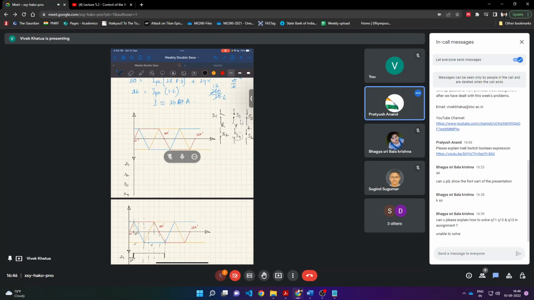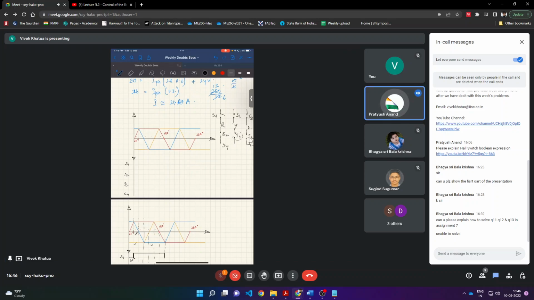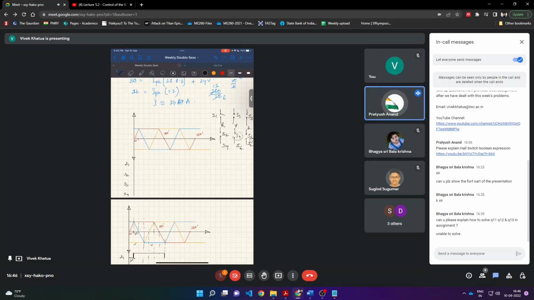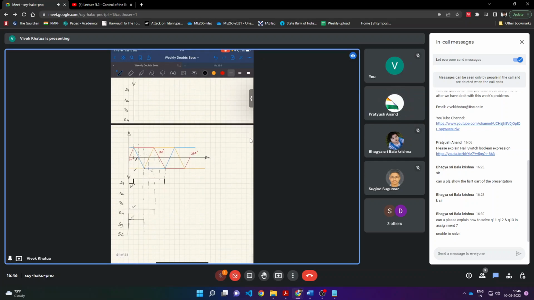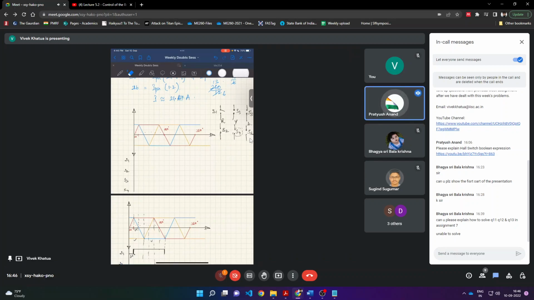The lower ones, what he has considered are S2 as 1, 2, S4 as 2, 3, and S6. He has considered it like this, correct? So that is the only difference we'll be getting here, no? The waveform will be the same. I mean to say that what he has written is the Boolean expression for this switch.